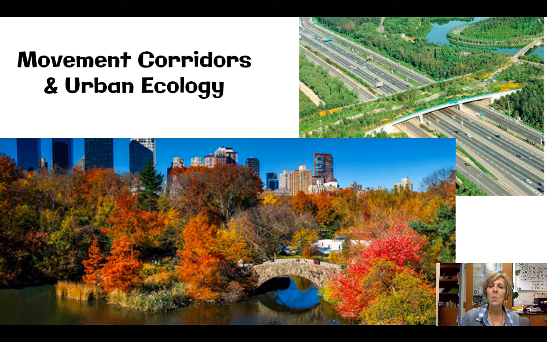And so, more places have produced these movement corridors that predators that have a big range and need to move, or herd animals, can use. And also learning more about ecology and setting up these urban ecological islands where we can maintain some species diversity even in an urban setting.